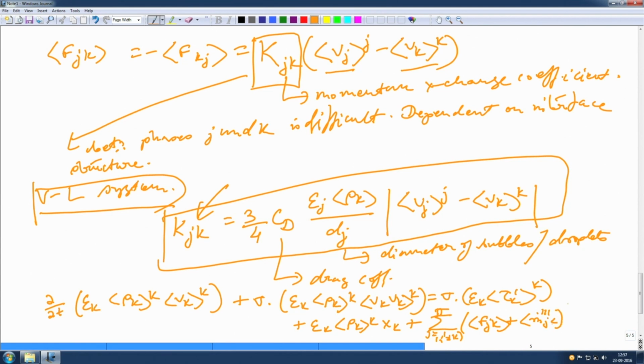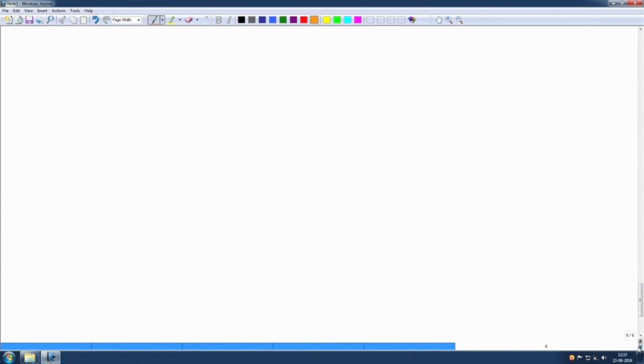This is the full momentum equation. So, the full momentum equation attains that particular form. Let us move to the next page.